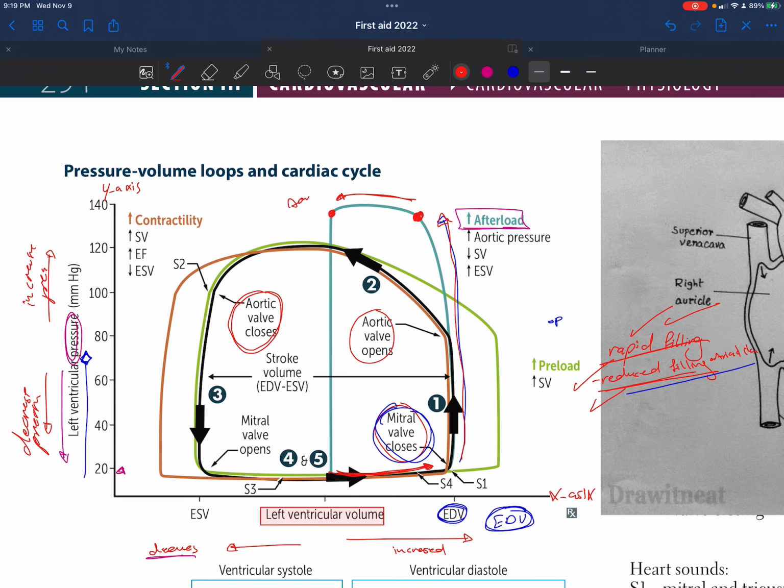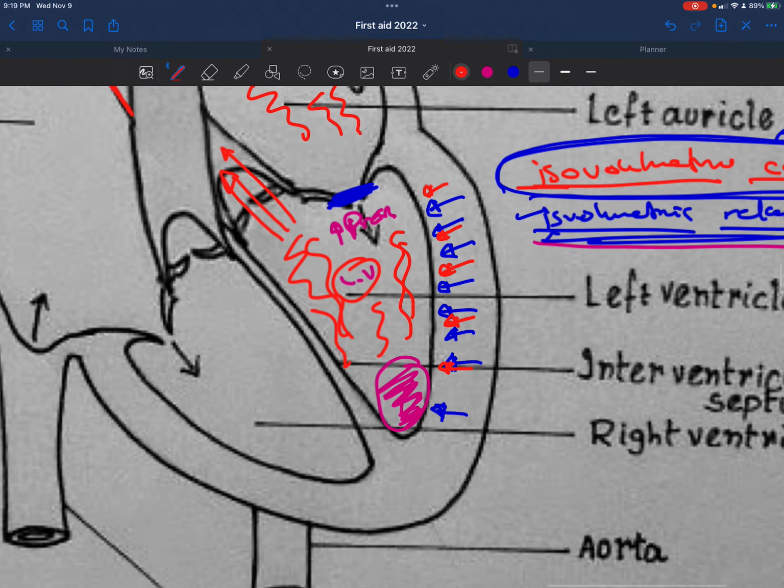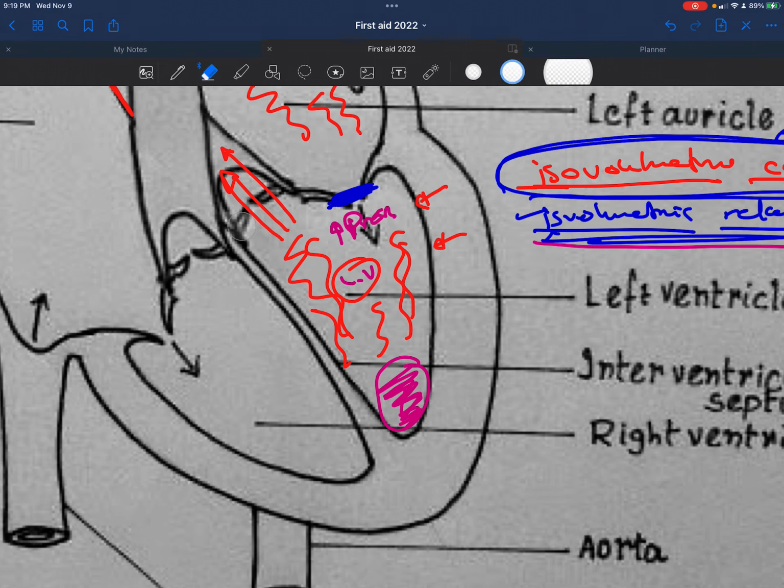So this is the new aortic valve closure. This is the systole, and it's really short because the left ventricle is having a really hard time pushing. Even though it's pushing hard, we have a problem with the aortic valve or with the aorta.